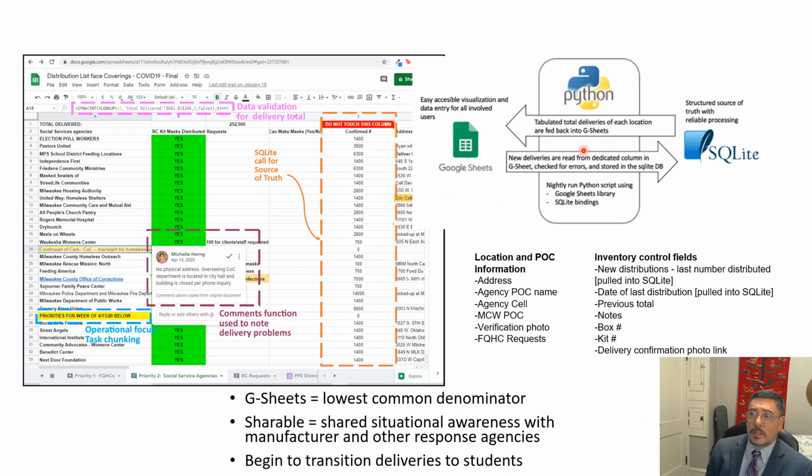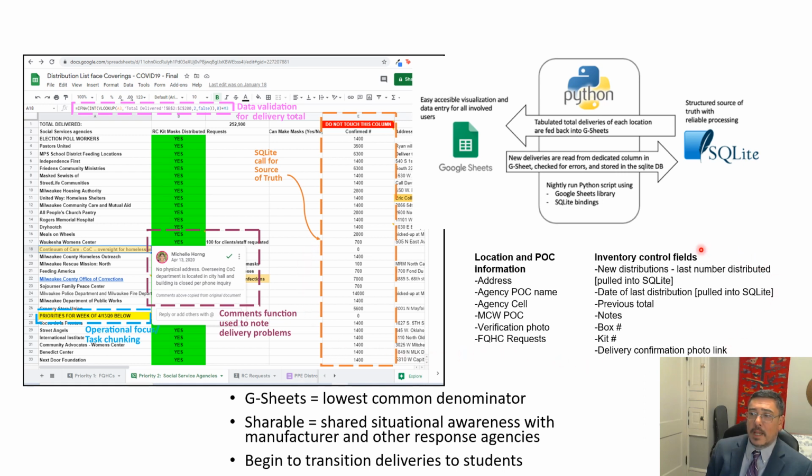And so we used a combination of Google Sheets, Python, and SQLite to manage this process so that new deliveries were read from a dedicated column in the Google Sheet, checked for errors, and then stored in the SQLite database and passed through Python, tabulating deliveries at each location and fed back into Google Sheets here in this column. And so the students could rapidly see what was going on at each agency, which had or had not taken deliveries.